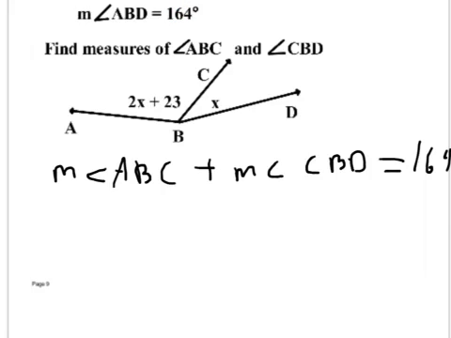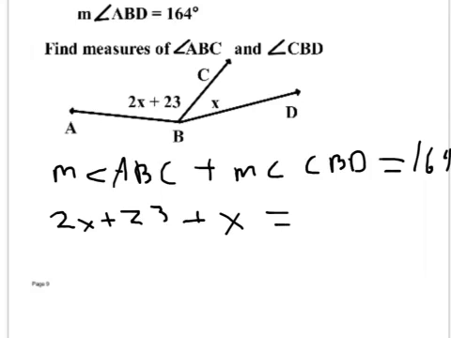What is the measure of angle ABC? What does it tell you? Not 23. 2x plus 23, right? What does it say the measure of angle CBD is?